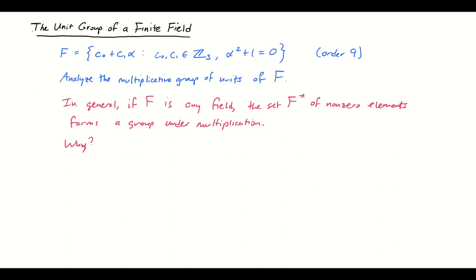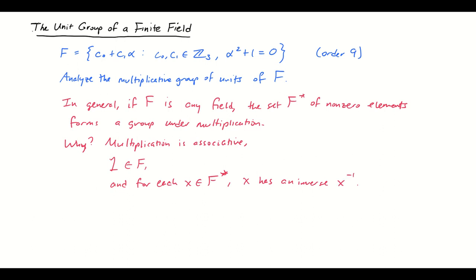Well, we know that multiplication in F, being a field, is associative. A field always contains an element 1, a multiplicative identity, and for each x belonging to F star, that is every x non-zero, x has an inverse.